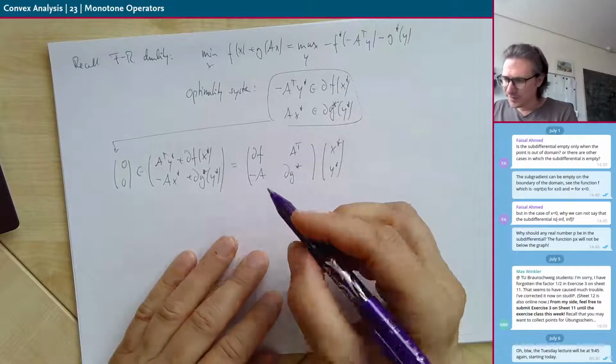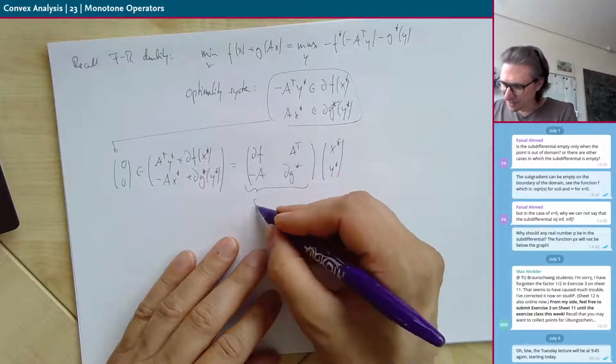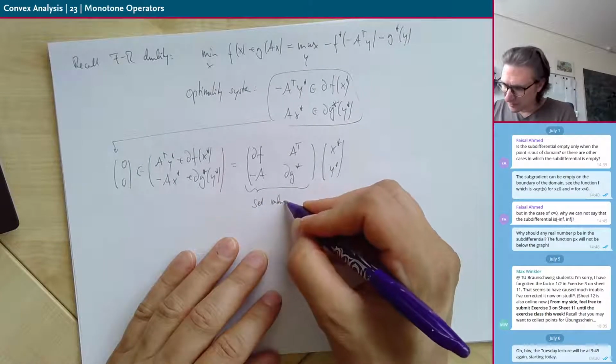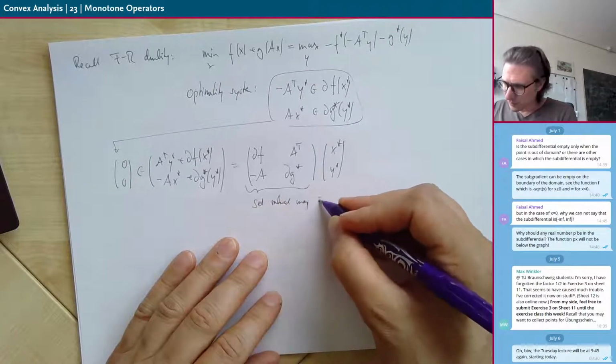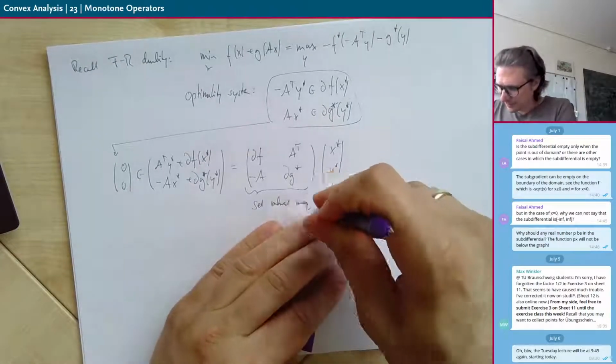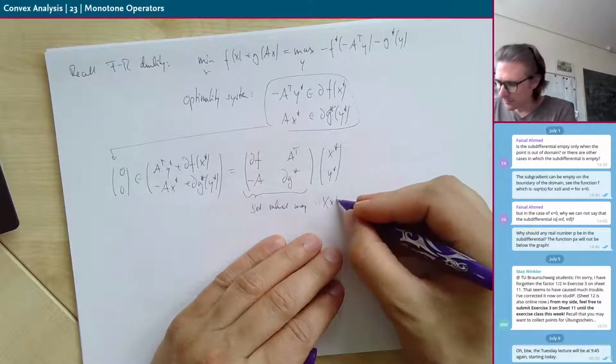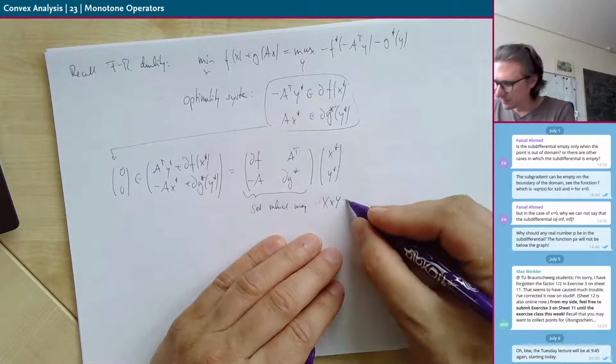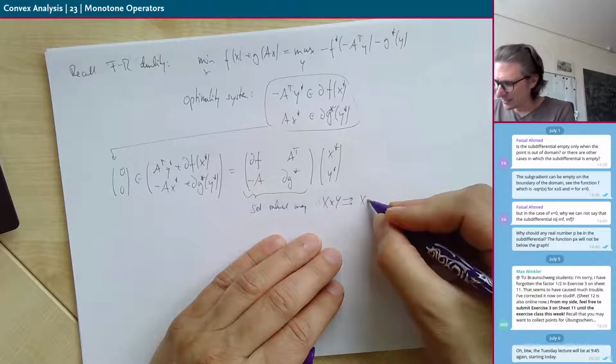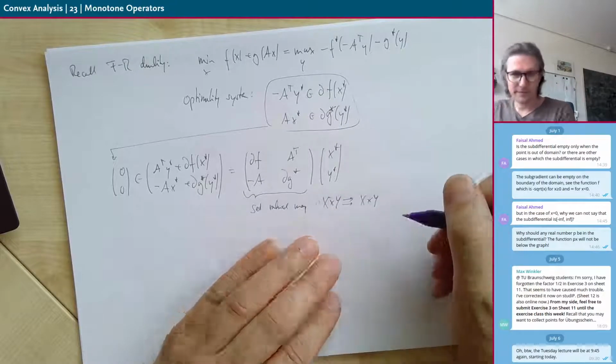So now this is a set-valued map of the type X times Y, where Y comes from a different Hilbert space, mapping set-valuedly into X times Y.